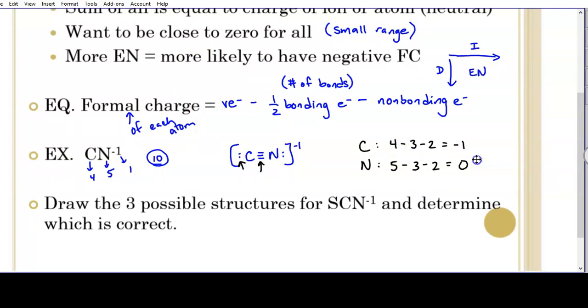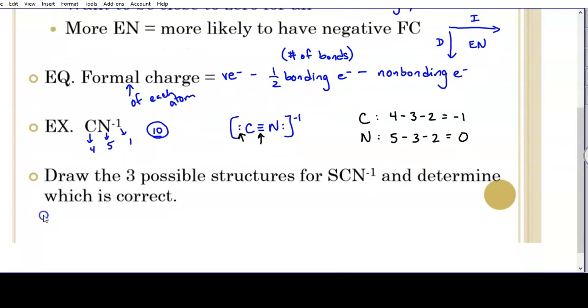Now, the type of question you're more likely to see is something like this one below. It says draw the 3 possible structures of SCN and determine which is correct. So what I would like you to do is try to draw the 3 structures. You don't move the atoms, you're just going to move bonds.